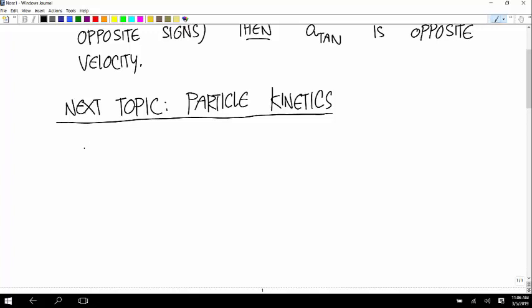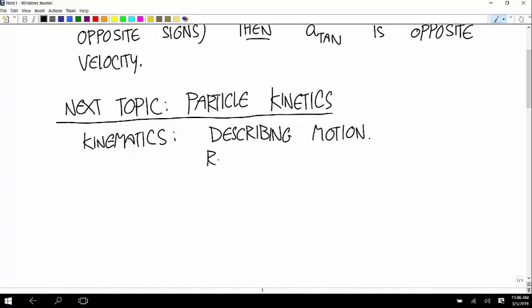But kinematics is just describing motion. And so that's relationships between mainly position, velocity, and acceleration. Displacement is also part of it, and well, I guess time is part of it.